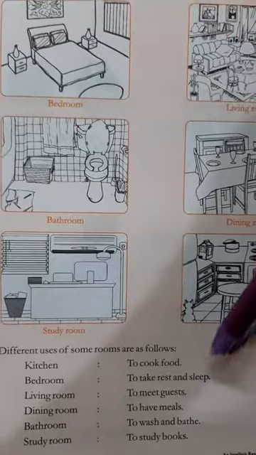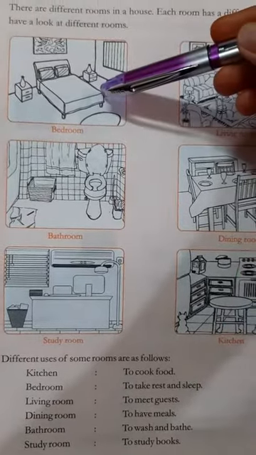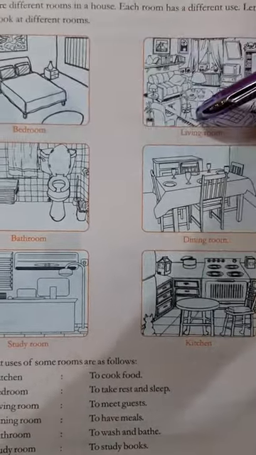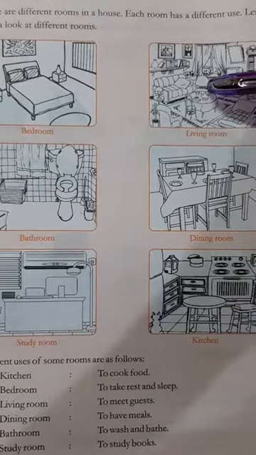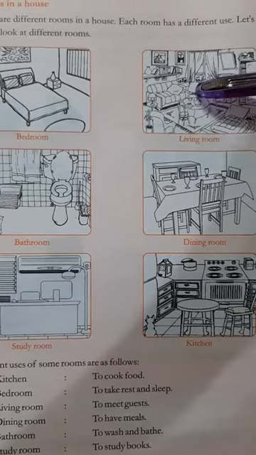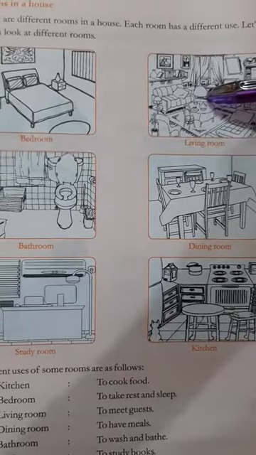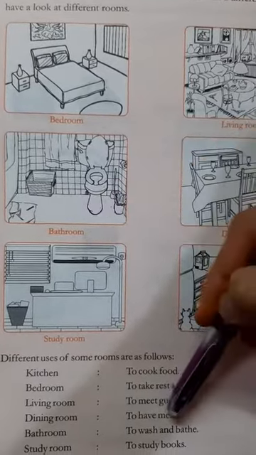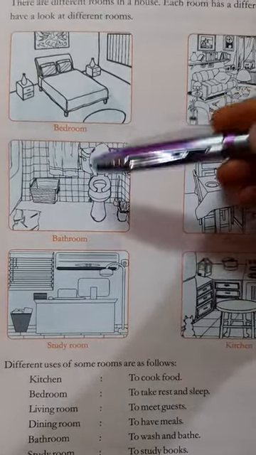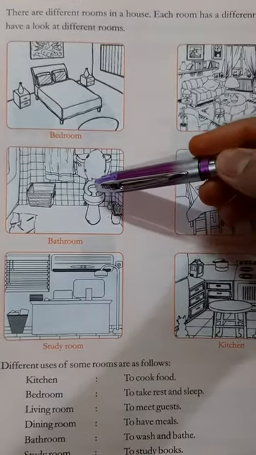Bedroom, a room to take rest and sleep. Living room, where you meet and entertain your guests, and talk with them. Bathroom, to wash, to take a bath, to clean up yourself.